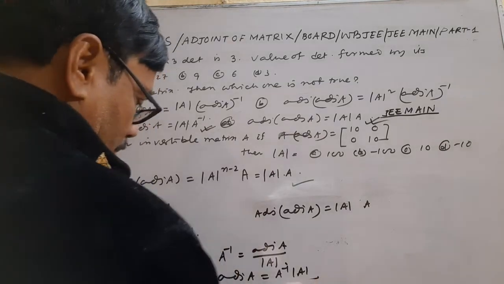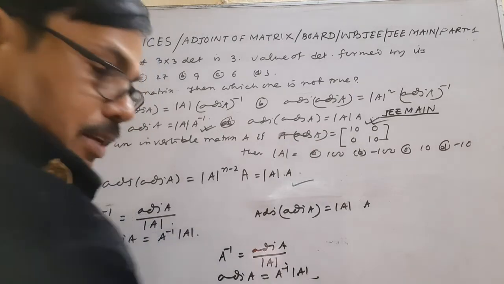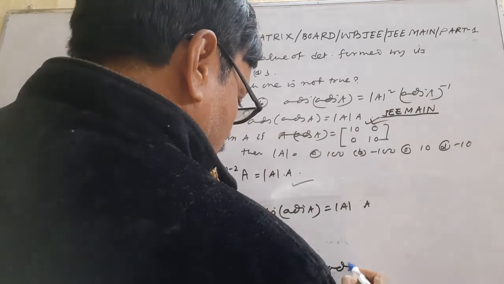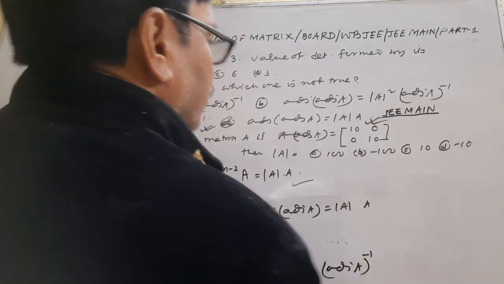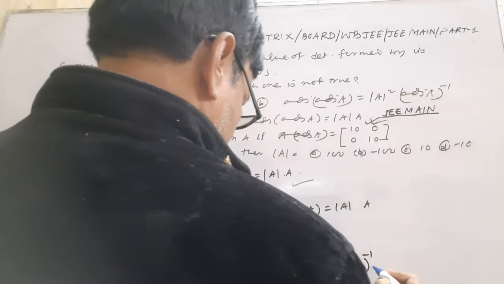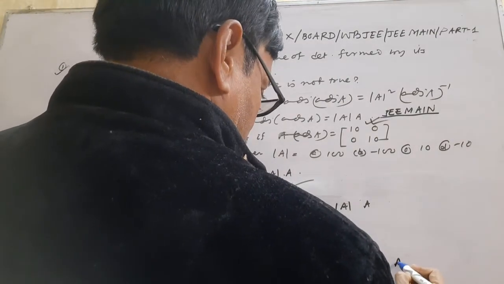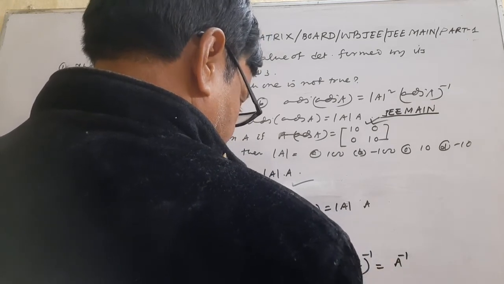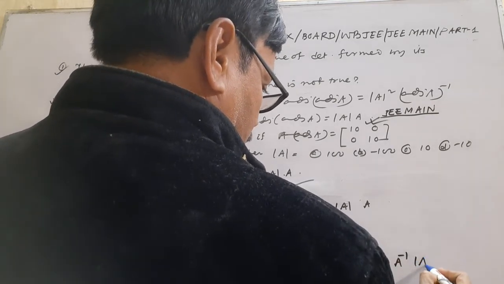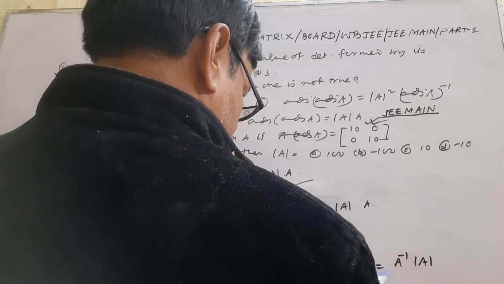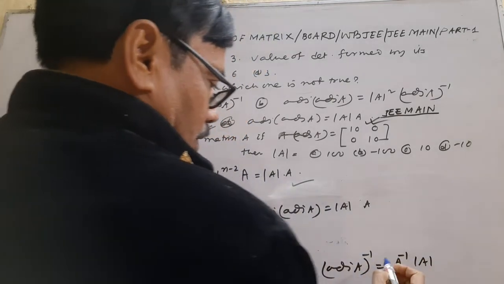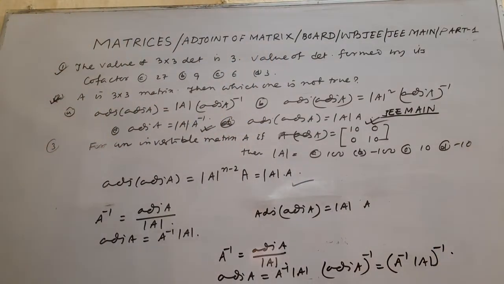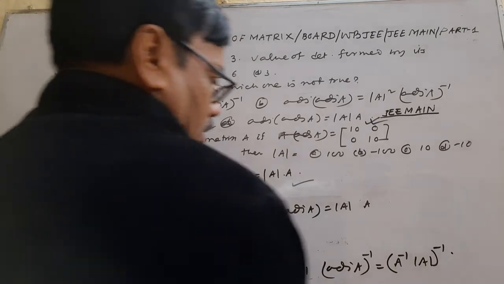So, adjoint of A, if this implies adjoint of A, then inverse. This is inverse equals to into determinant A. Total inverse.